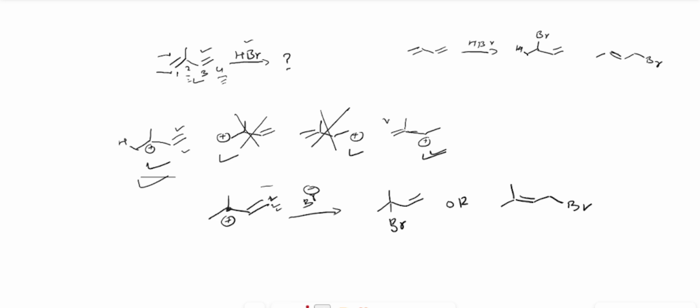So out of these two, which one is the most suitable or probable product? You can see in the product on the left, the double bond is terminal. It's a mono-substituted alkene, while the one on the right is a tri-substituted alkene. And you know that the more the double bond or the pi bond is substituted, the more stable it is.